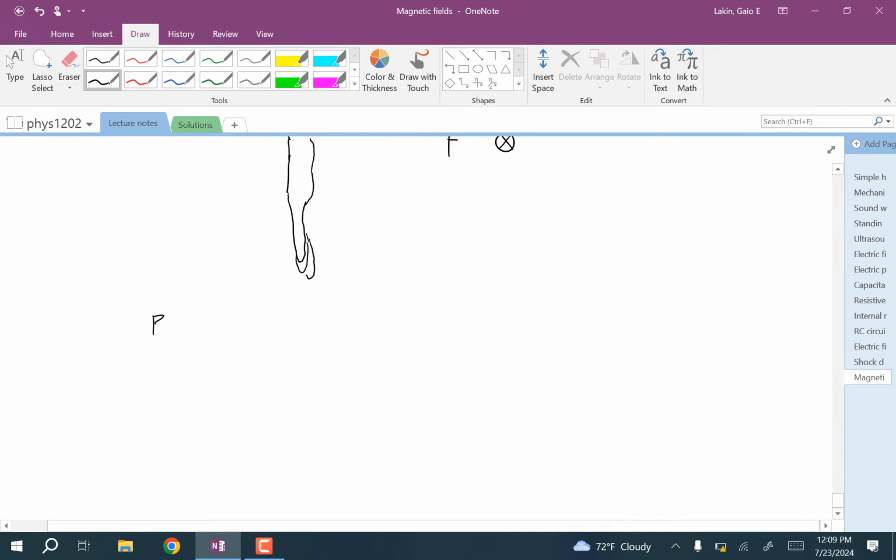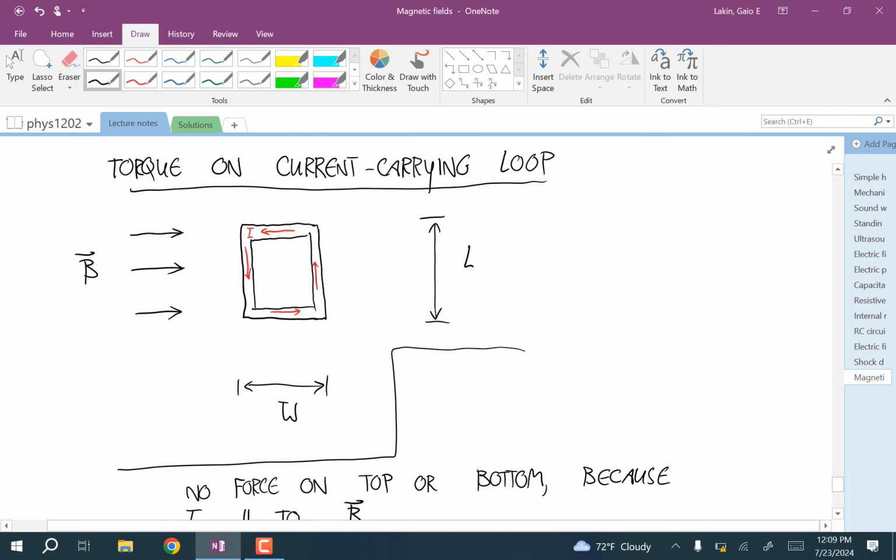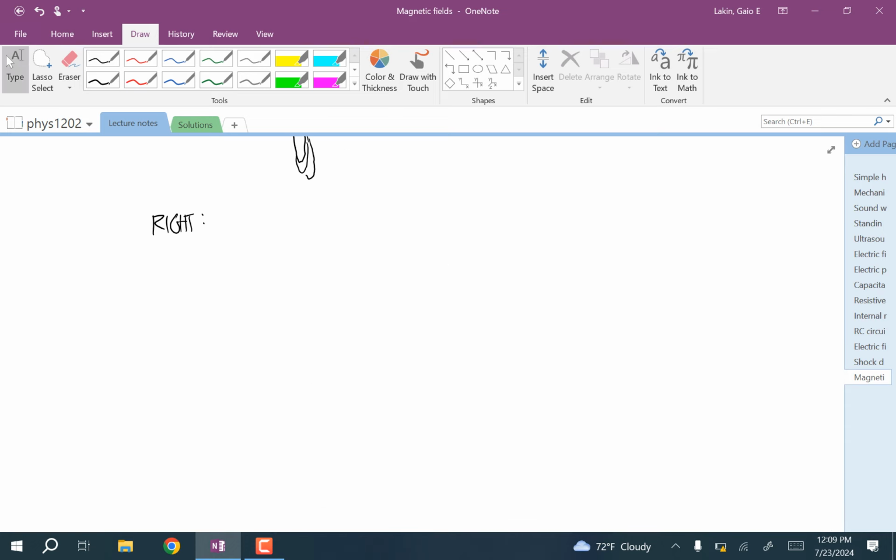Now we'll go to the right side and calculate the force over there. On the right side, the current times the L vector is up. The magnetic field vector is still to the right.